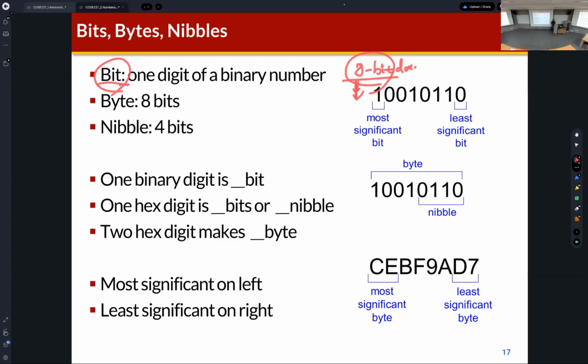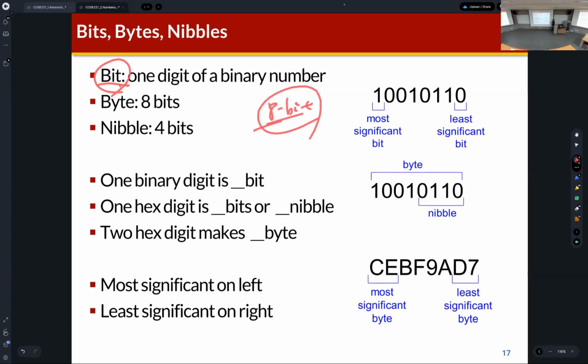For example, my memory can have 8 bits. It's very small, right? So my memory can store 8-bit data, which means that we can store 8 digits of binary number in our memory. A very small one.